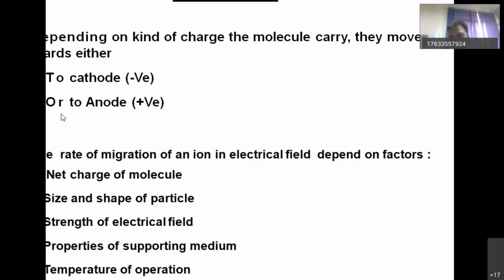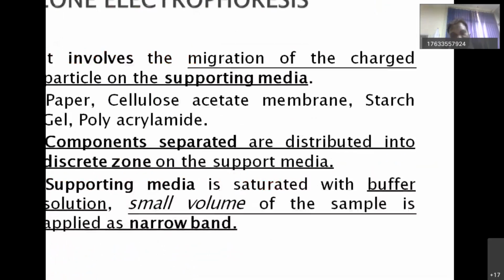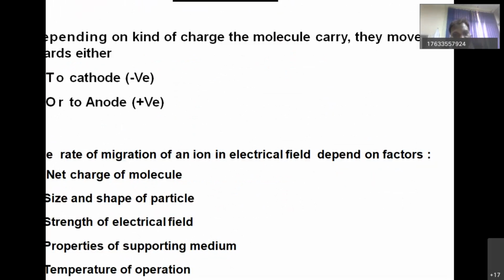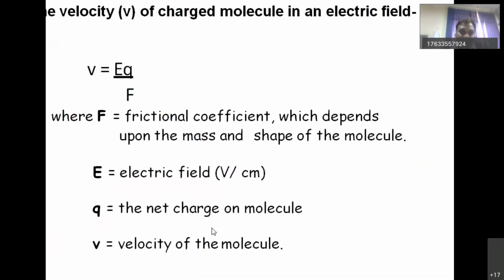The migration of the ions in electrophoresis depends on different factors, like the net charge of the molecule, size and shape of the particles which you want to separate, strength of the electric field which you applied, properties of the supporting medium in which you are going to load your sample, and temperature of operation where you are doing your experiments in the lab.